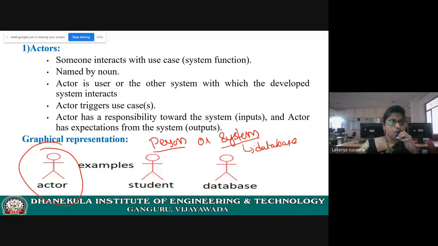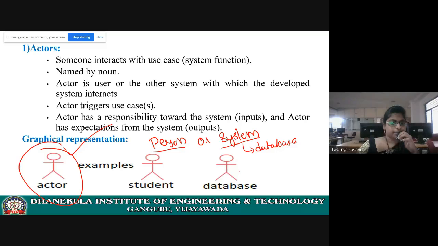Actors are those who are interacting with the use cases, or with the system. See the graphical representation: an actor is represented using this symbol. Example, student. A database is a system. All external entities are represented using the actor symbol.